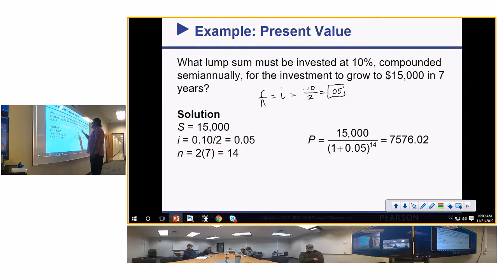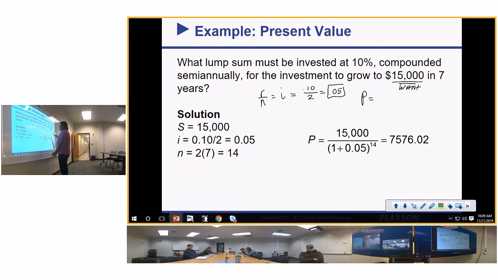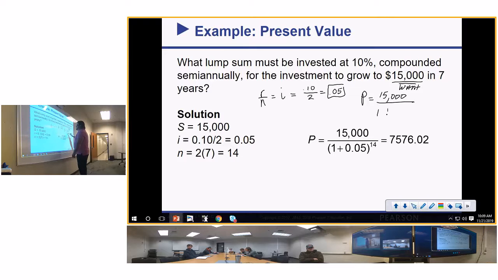So I is equal to 0.05, and P is what you want, what you're going to put in. No, that's what you want. Is 15,000 divided by 1 plus 0.10 over 2 raised to the 14, which is 2 times 7. N is equal to 2 times 7.